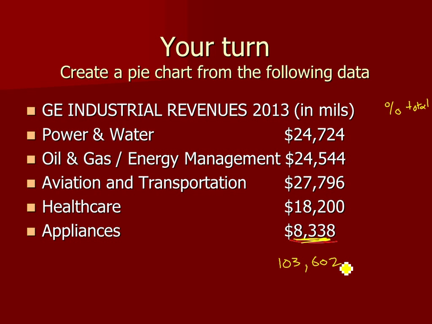That's how much money they make in a year. $103 billion in revenues. Okay, so that's our total. Let's go ahead and find our percentages.